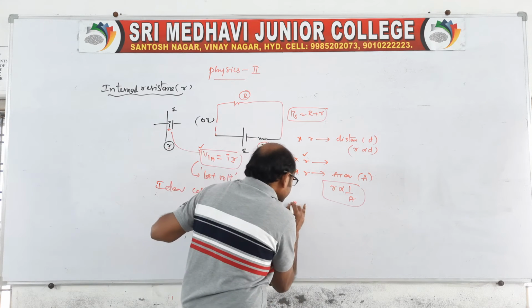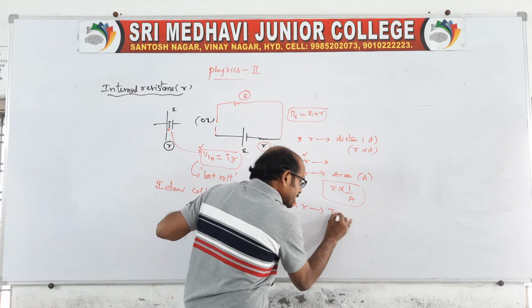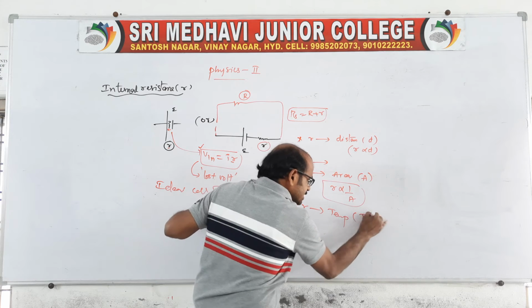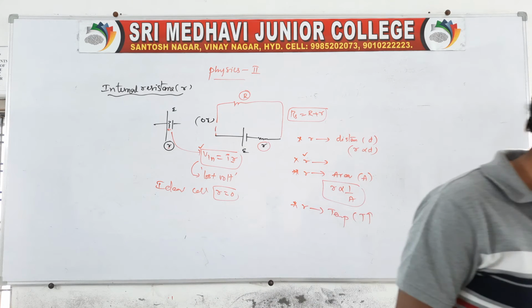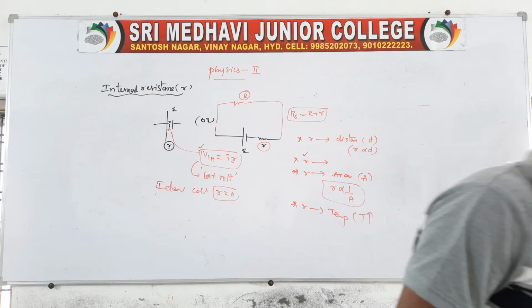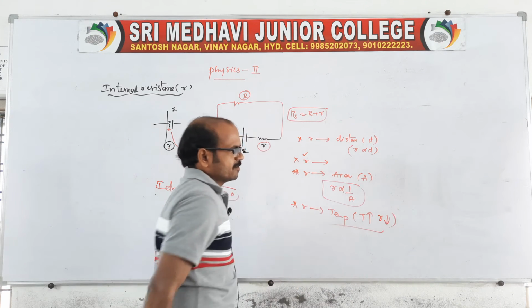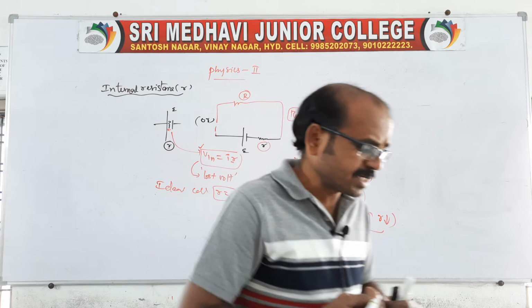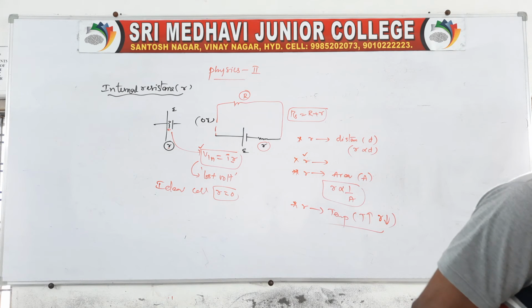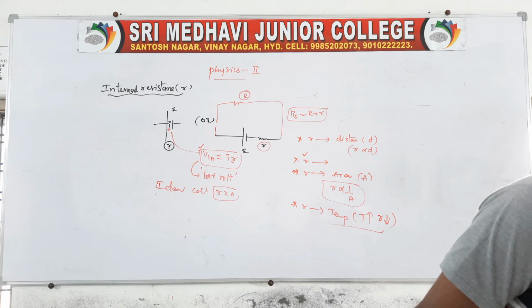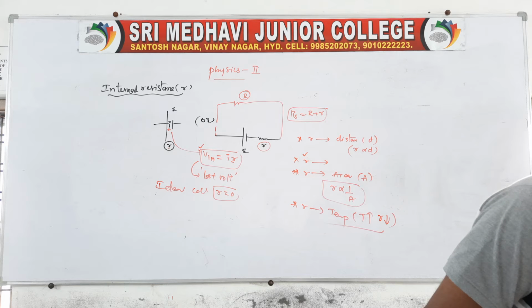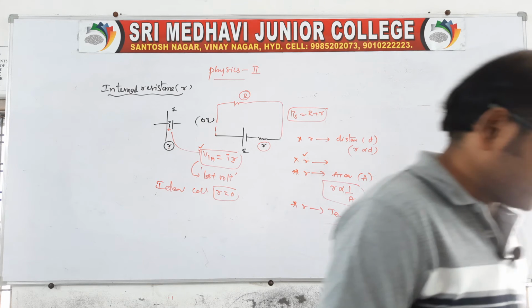Internal resistance also depends on temperature. Suppose temperature increases, sir, what will happen? Of course, when temperature increases, internal resistance decreases, which is very important. And remember, the internal resistance of a cell can be accurately measured using a potentiometer.